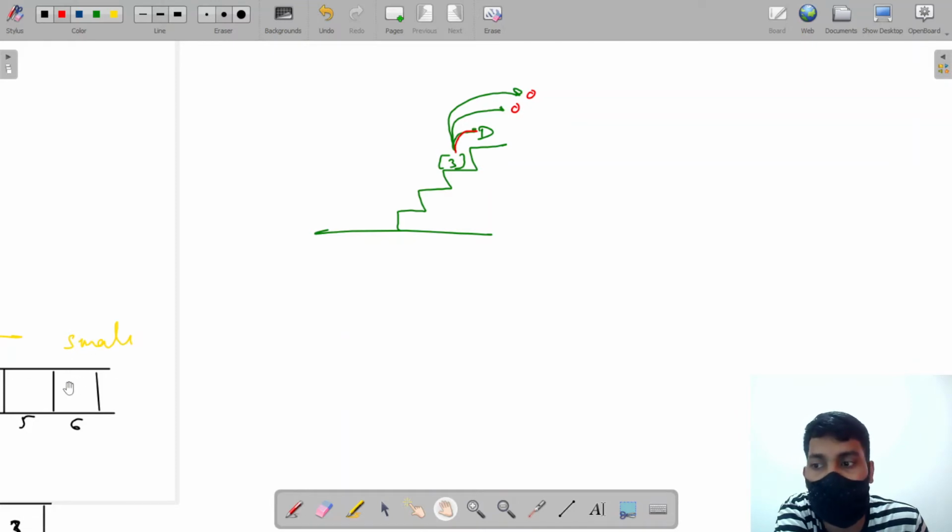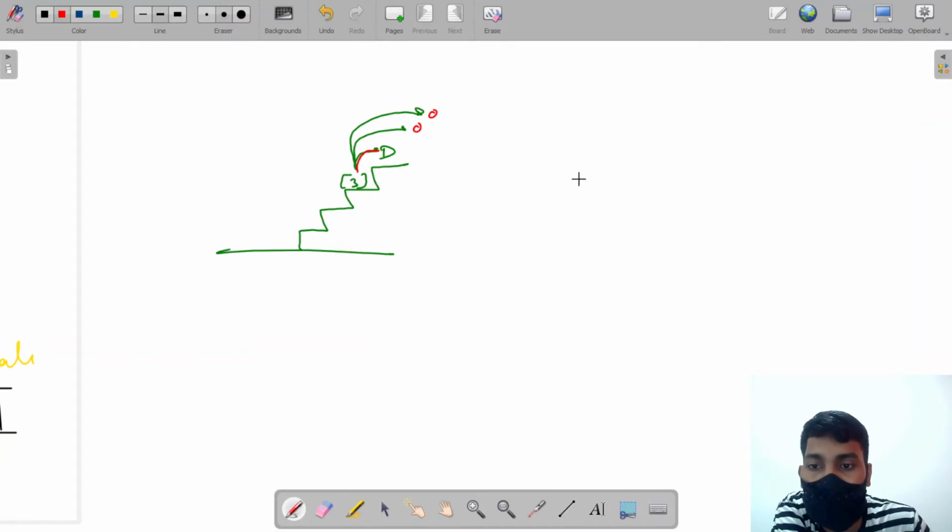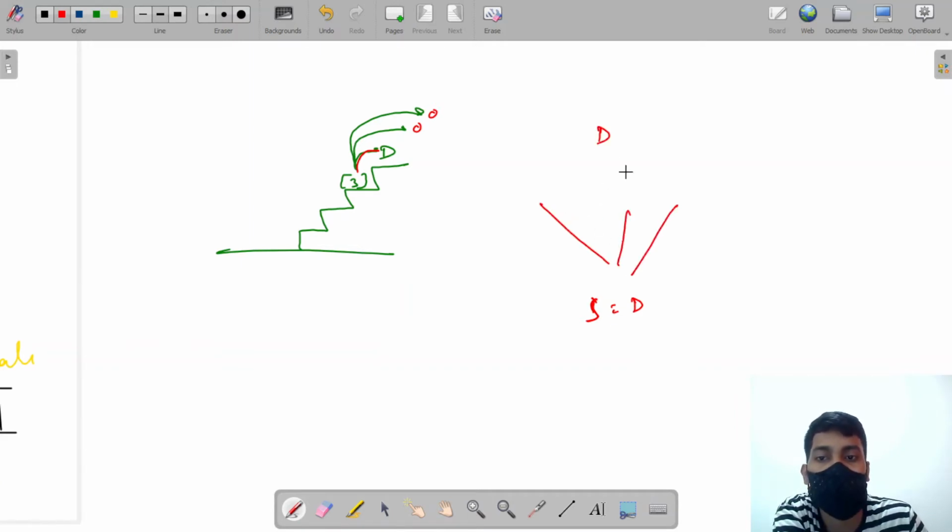I am saying that there is a small problem. We have already discussed that if my source is equal to destination, and I want to reach my destination from my source, then how many paths are there?